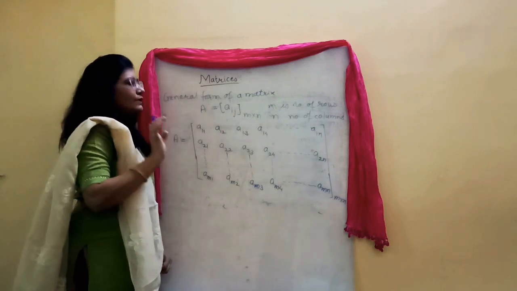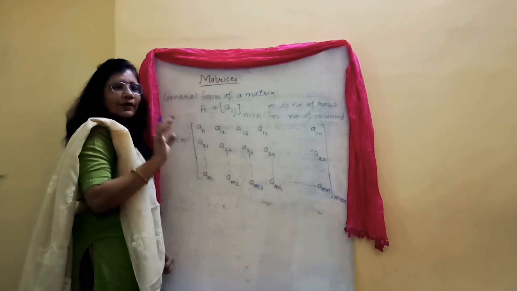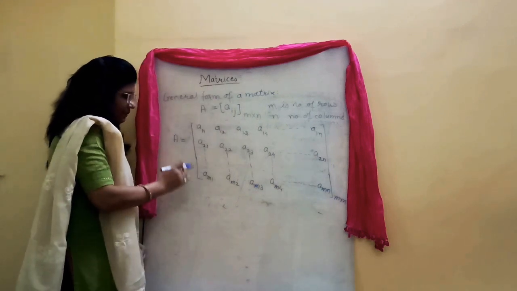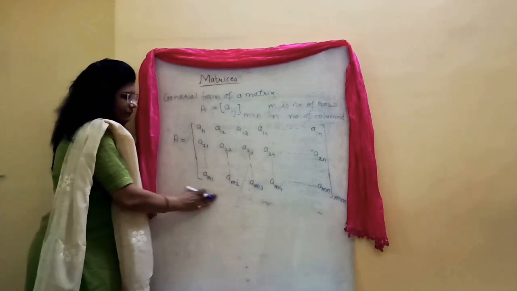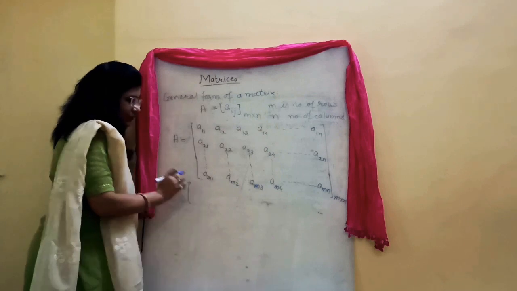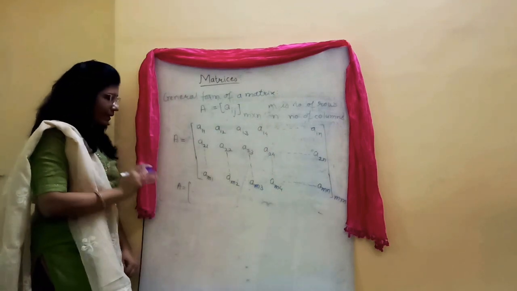Before construction we will see how many elements are there if the order of a matrix is given. I will take one example, and using examples we will find the relationship between the order and the number of elements in the given matrix.